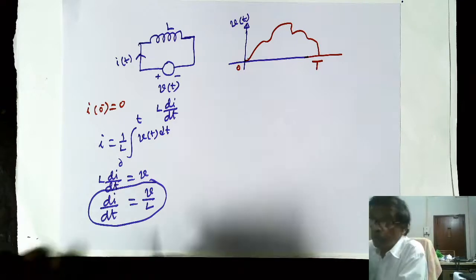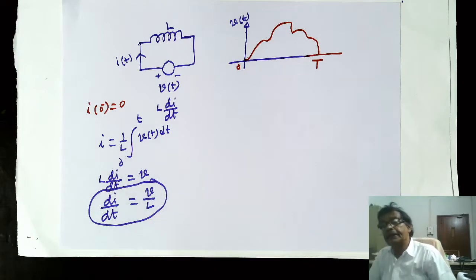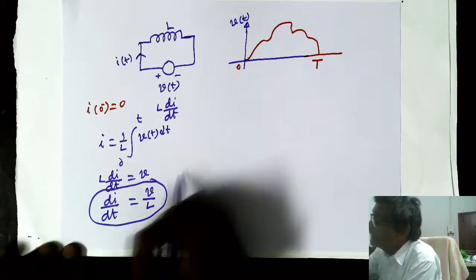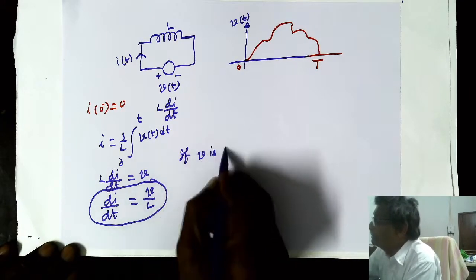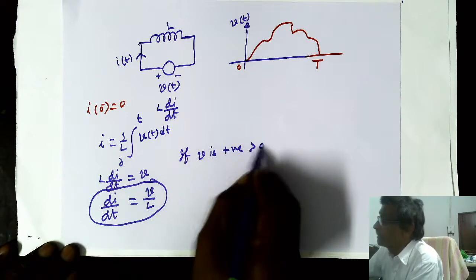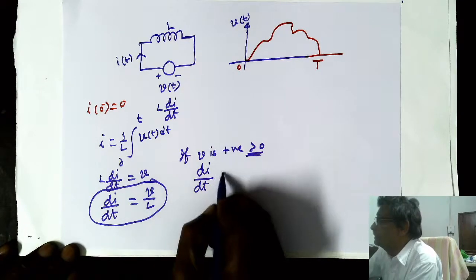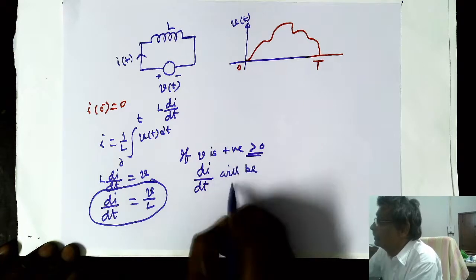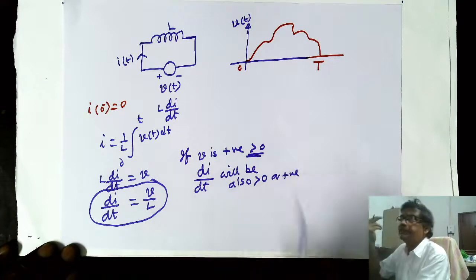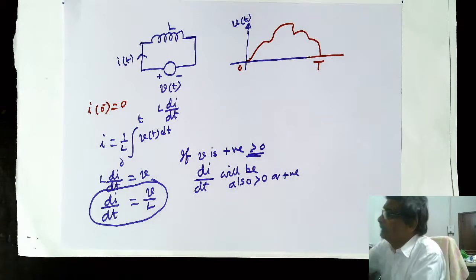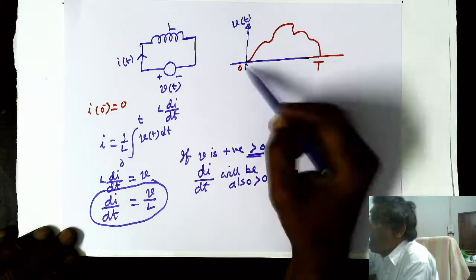Now I am certain about one thing. If V is positive, greater than 0, di/dt will also be positive, greater than 0. What does this mean? It means that the current will go on rising during this interval. How it will rise?